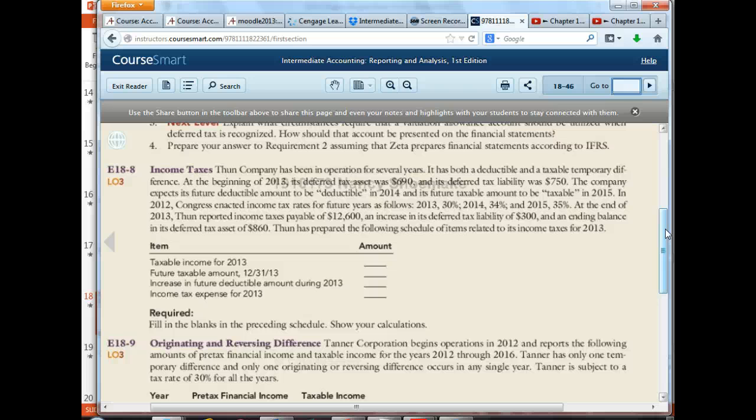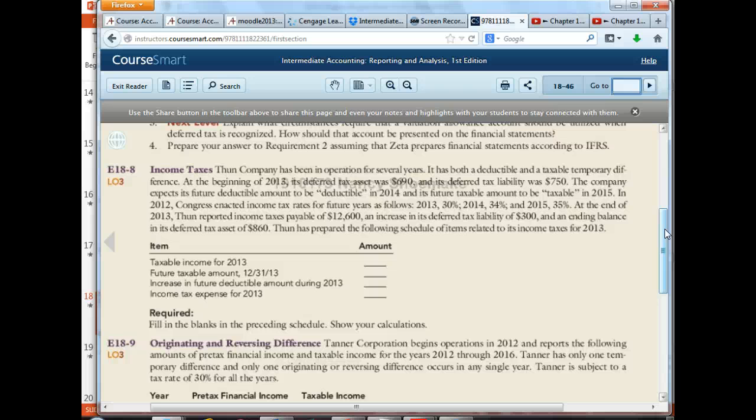So remember, a deferred tax asset means a future deductible amount that we get to deduct in the future. A deferred tax liability means future taxable income that gets taxed in a future period. So we're going to get the benefit of our deferred tax asset in 2014, and the liability on our books is going to happen in 2015.